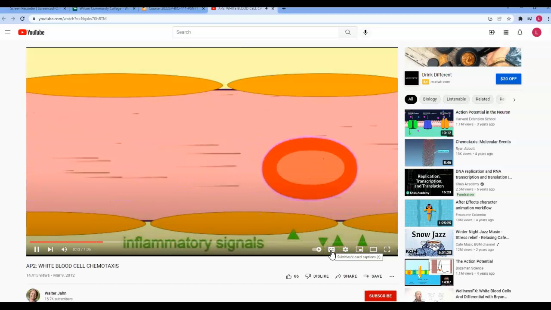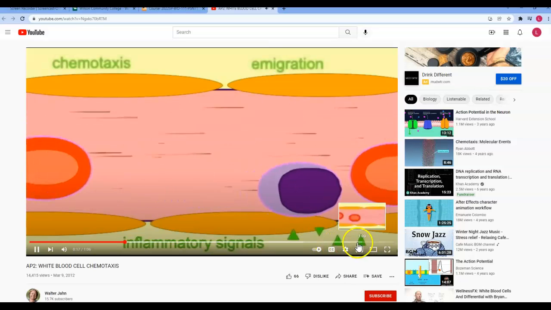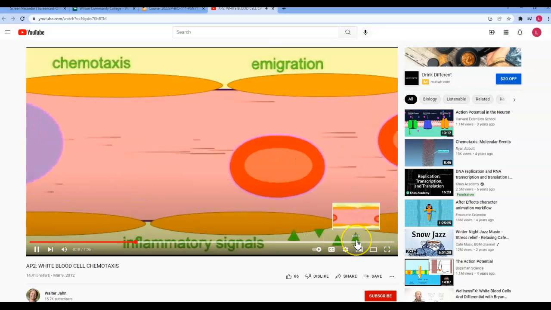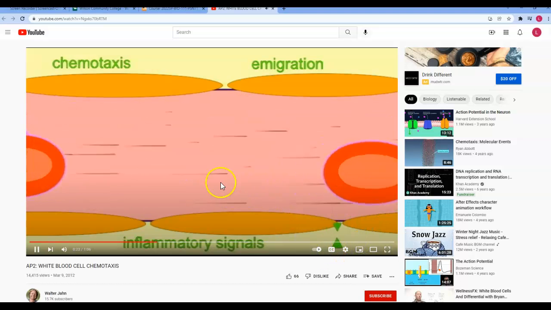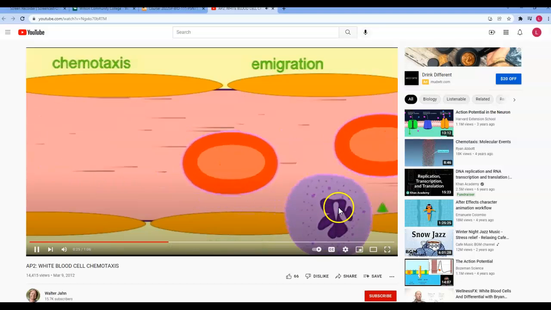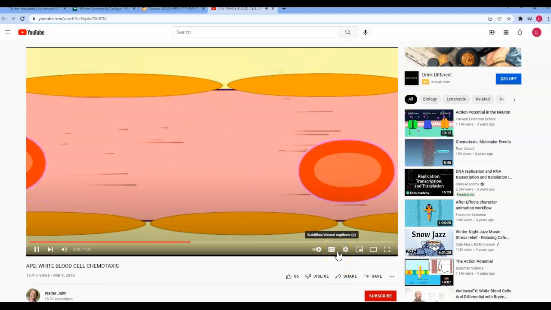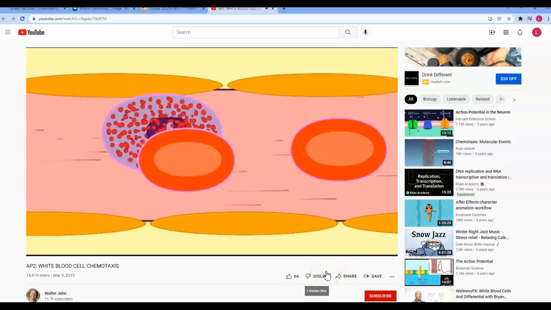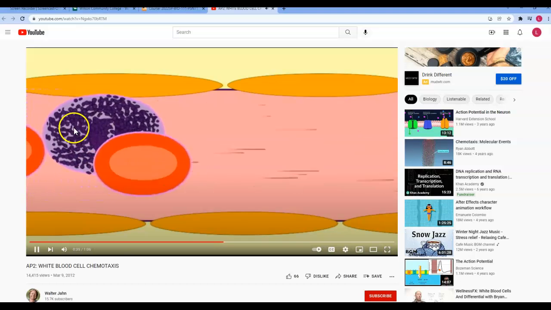White blood cells are different. But these are chemicals called inflammatory signals, these little green things. And these white blood cells are responding to them by moving out of the blood vessel toward the inflammatory signals. They have the ability then to squeeze through the endothelial cells lining the blood vessel. So here's your white blood cell.